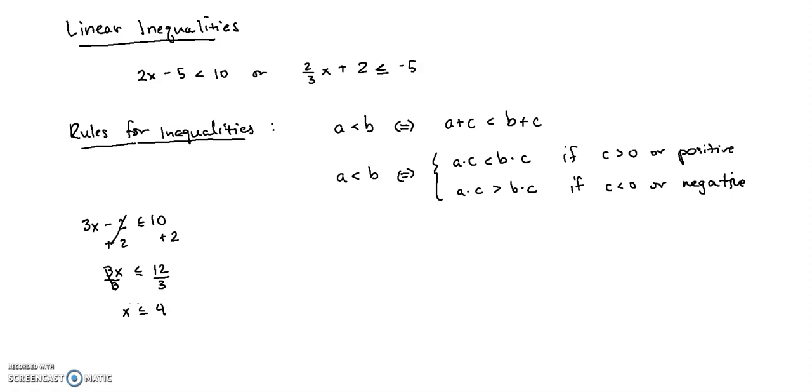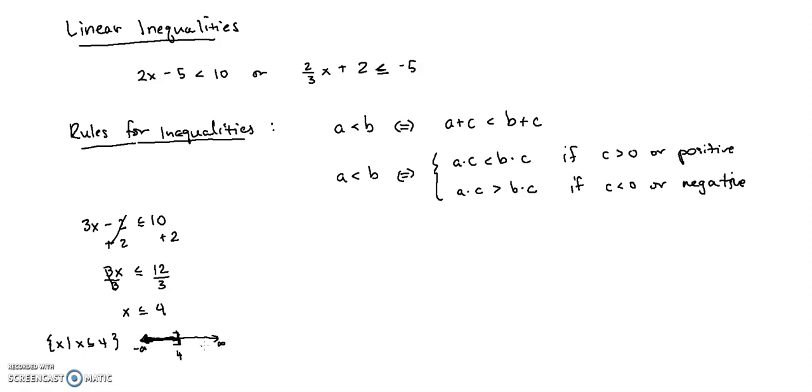I can write it as x less than or equal to 4. I can write it in set builder notation. I could write it on a number line. Okay, so we want all the numbers less than 4, and it's included, so I'm going to have a square bracket, same as a closed dot. And I could write it in interval notation.